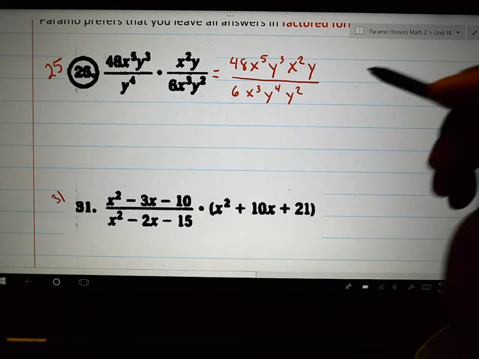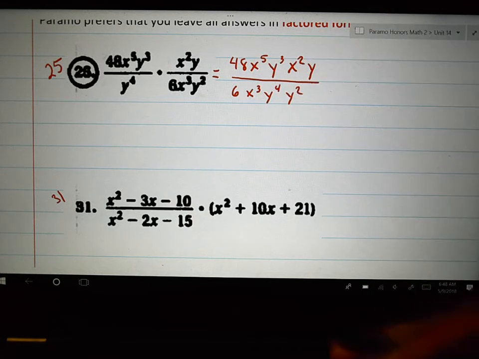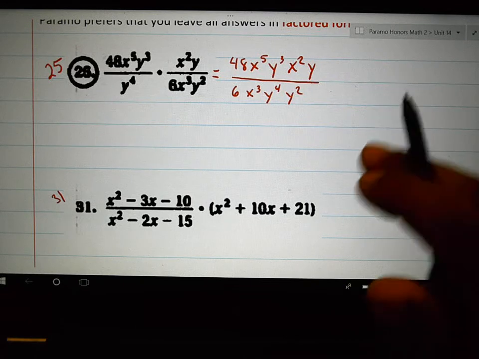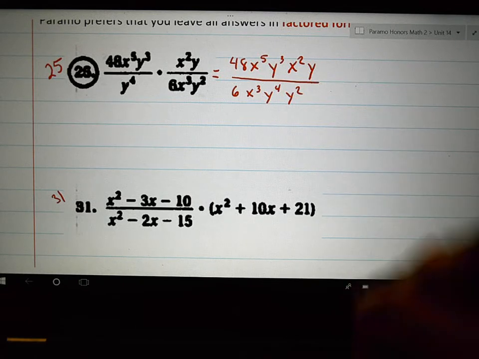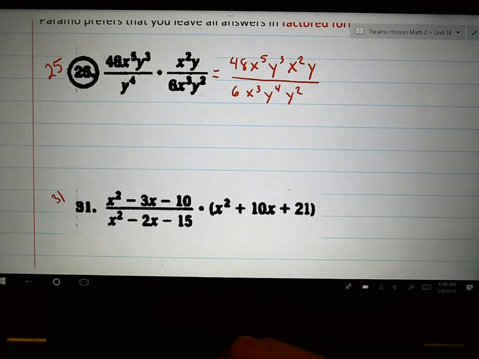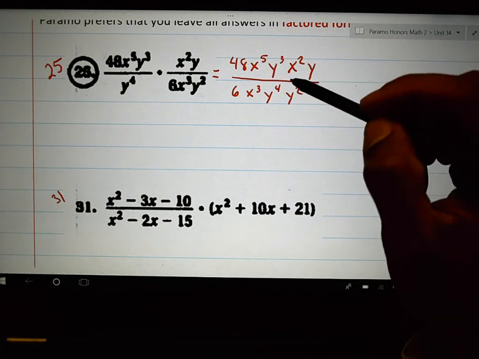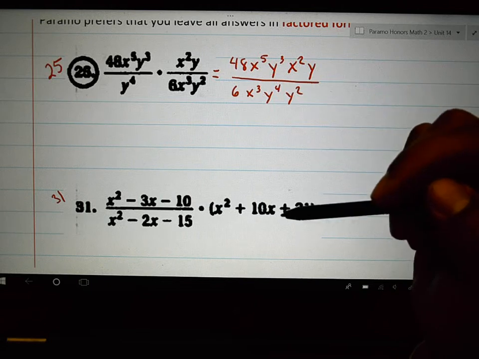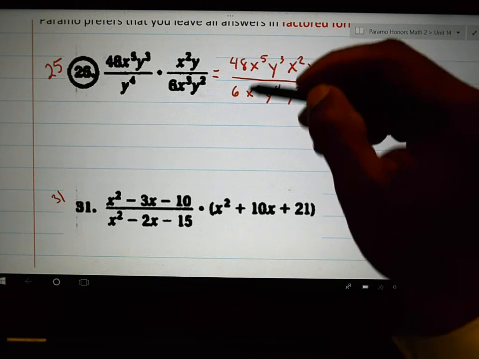Six times x to the third times y to the fourth times y squared. And the only reason I did that is just so I could start looking for things that are going to reduce. Notice that I said earlier it is easier to make things smaller before you make them larger. I think it's going to be easier for me to make the x's smaller.